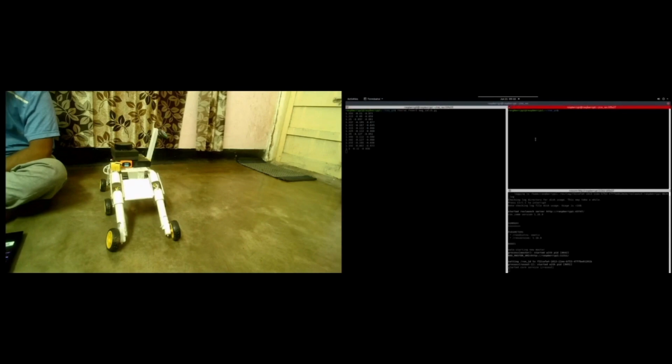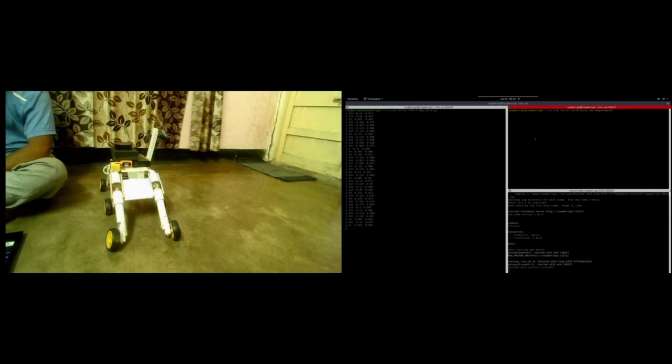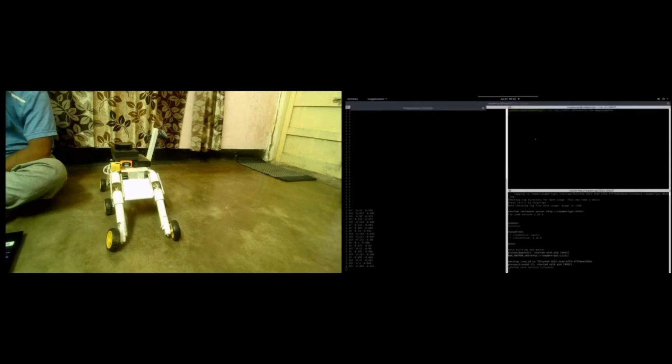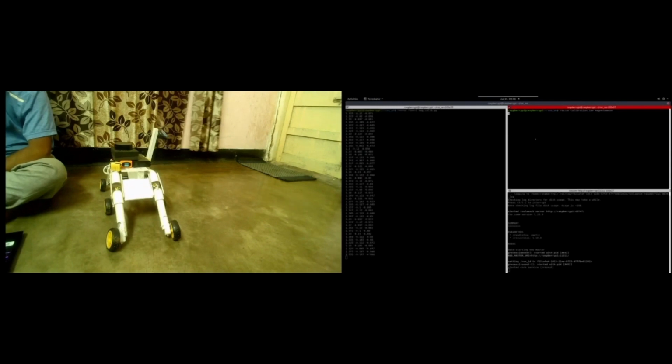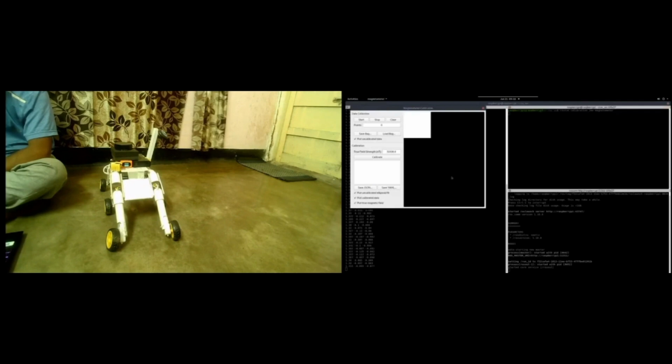Okay, the three values which you see on the left side of the black window are the three components of the magnetic field value, that is the X, Y, and Z components. Now we will be launching a package which will help us to calibrate this data.